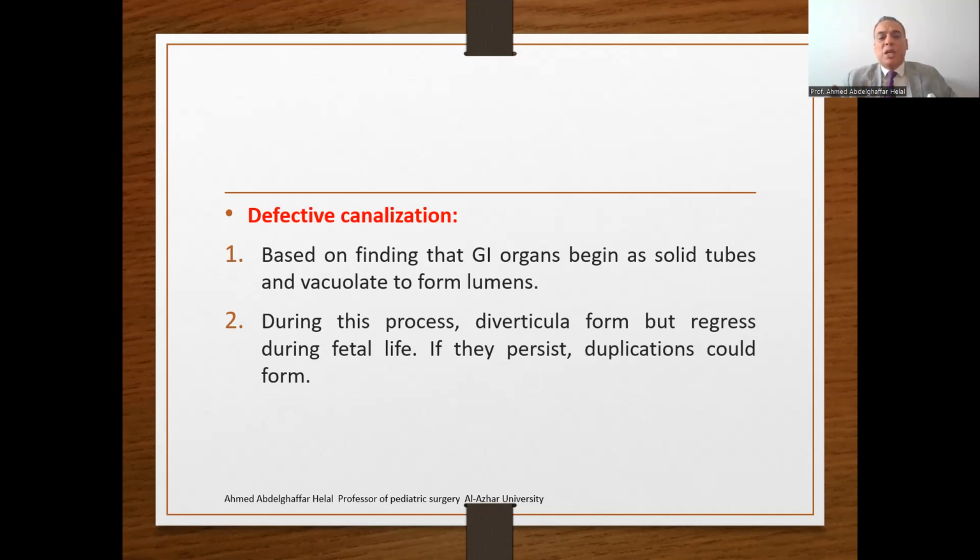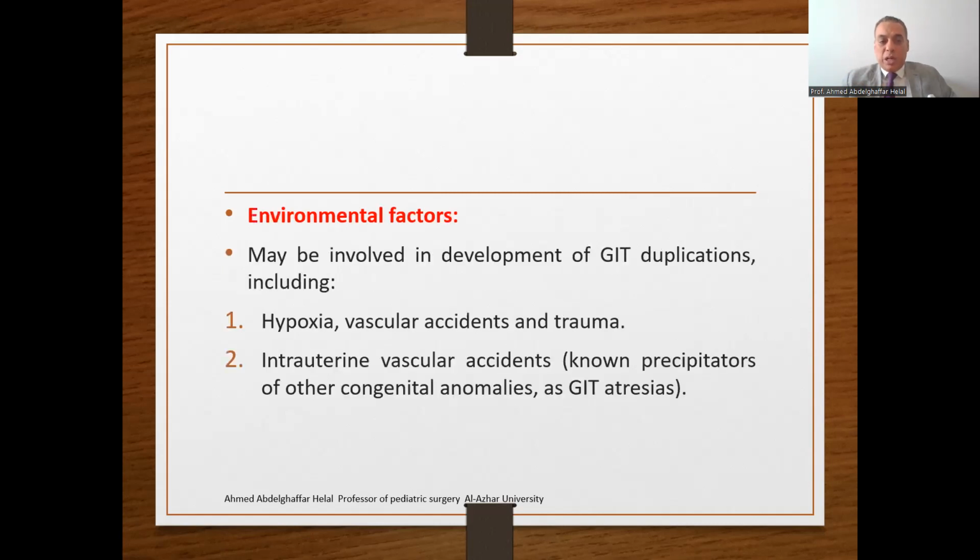If they persist, duplication could form. So this theory supposes that during the solid stage and the transformation into the luminal stage, there are diverticula, and these diverticula persist and don't disappear and present later with gastrointestinal tract duplication.